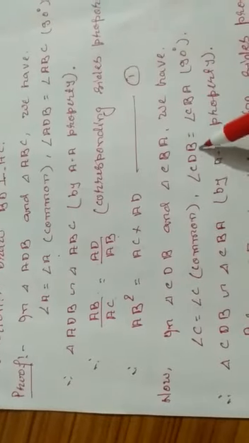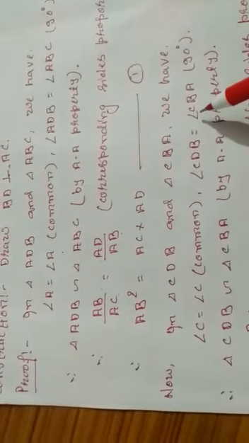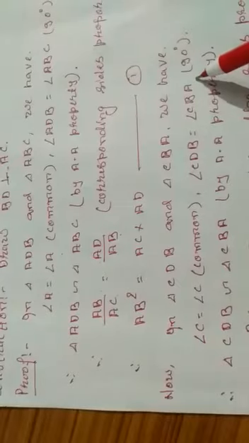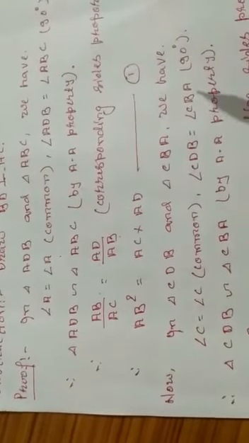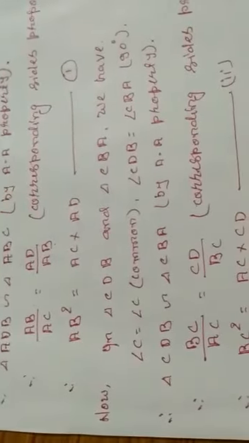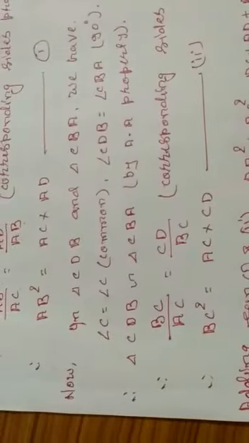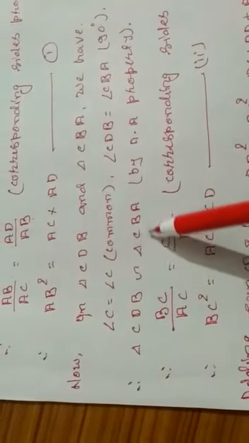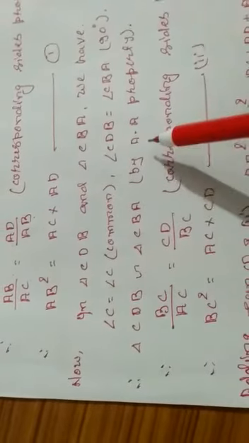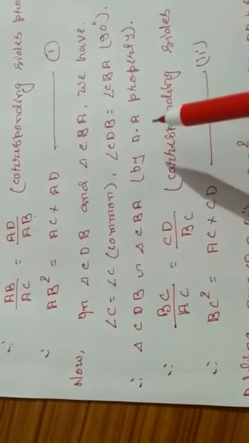So angle CDB is also 90 degrees, and we have CBA equals 90 degrees. So again, by the angle property, we have triangle CDB similar to triangle CBA.